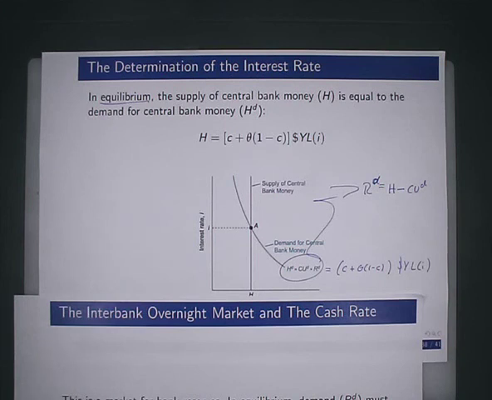So what's then still left is the reserves. If this, for whatever reason, stays constant, by increasing or decreasing the supply of central bank money, we can make more or less reserves available.